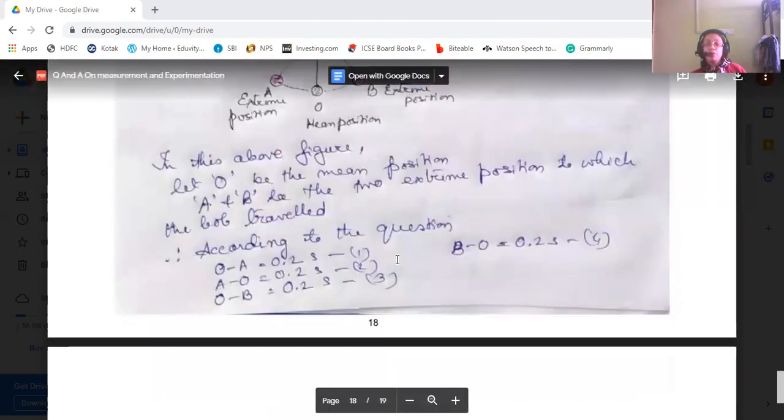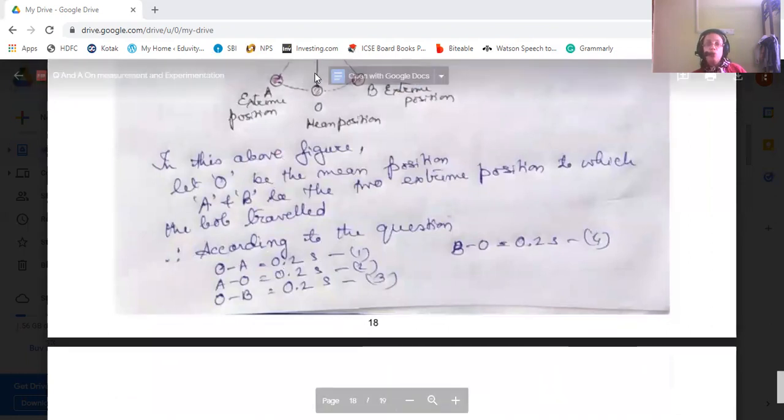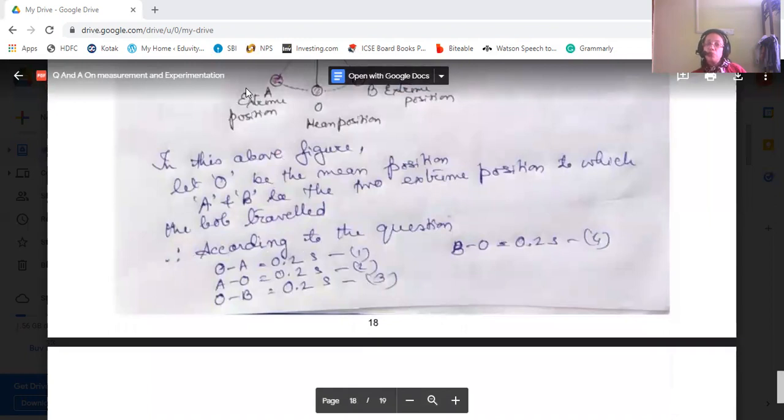According to the question, O to A is 0.2 seconds. Then A to O is again 0.2 seconds. O to B is again 0.2 seconds, and B to O is again 0.2 seconds.